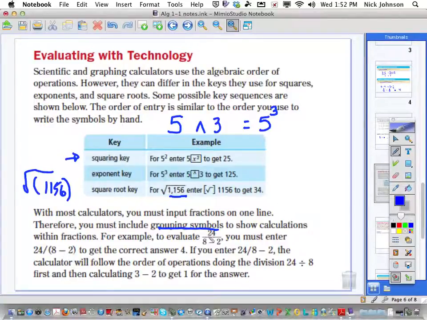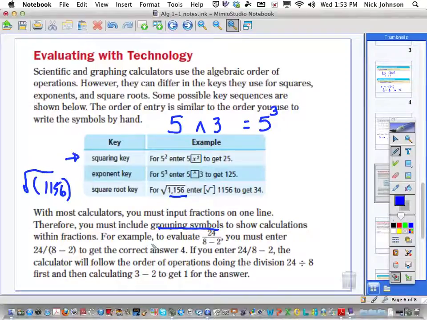Why? Because you do that first to get the correct answer of 4, because 8 minus 2 is 6, 24 divided by 6 is 4. If we would have entered 24 divided by 8 minus 2, the calculator would follow the order of operations, doing the division, 24 divided by 8 first, and then getting 3, subtract 2 from it, and would have given us 1.